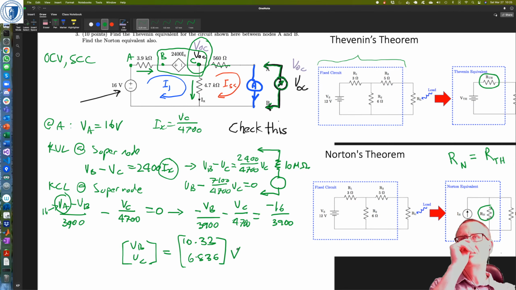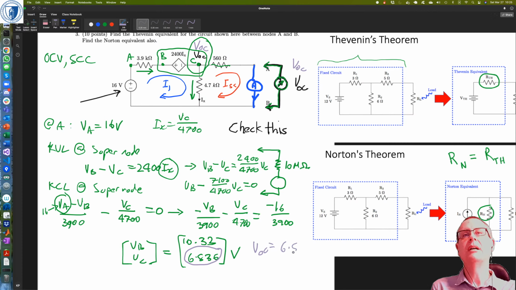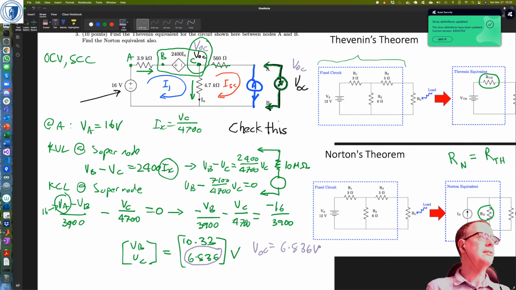So our VC is our open circuit voltage, right? So our VOC is 6.836 volts. So that's the first one.